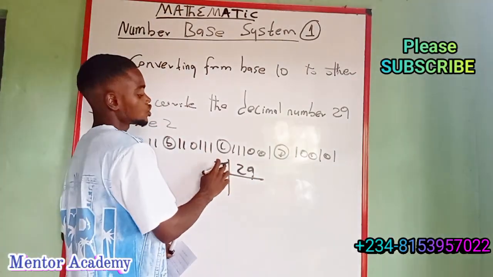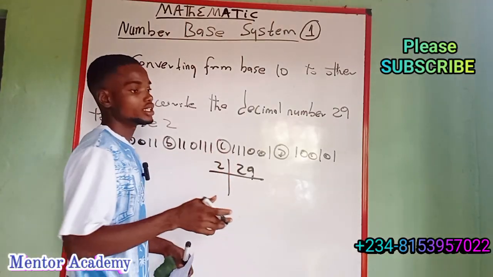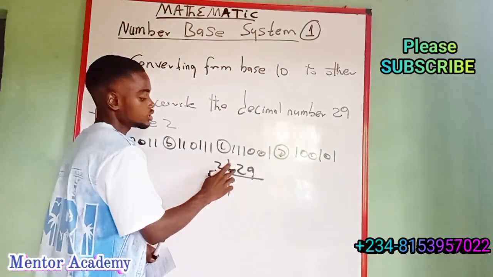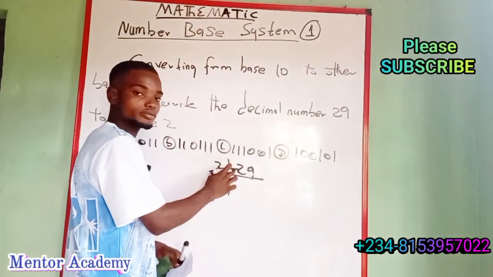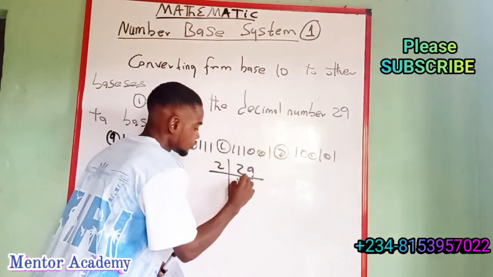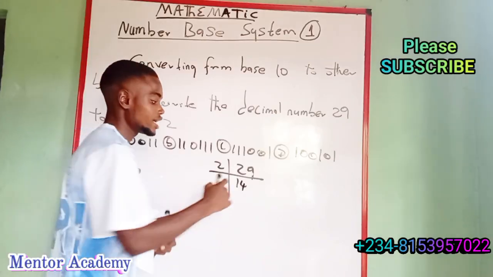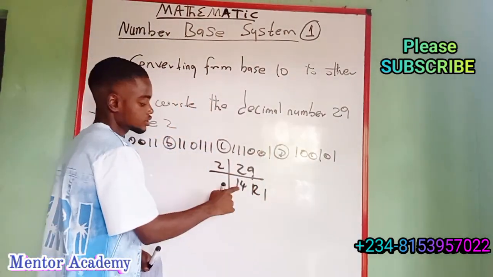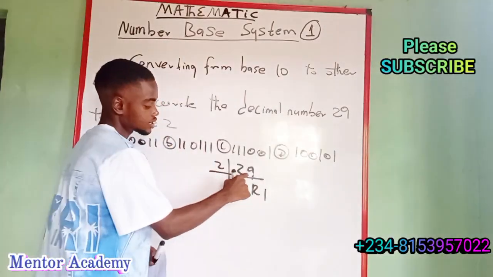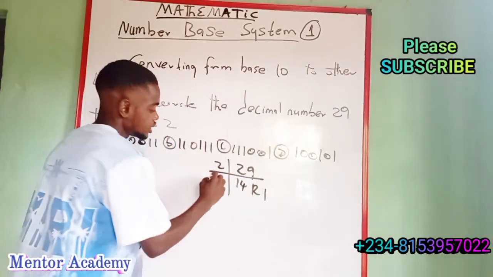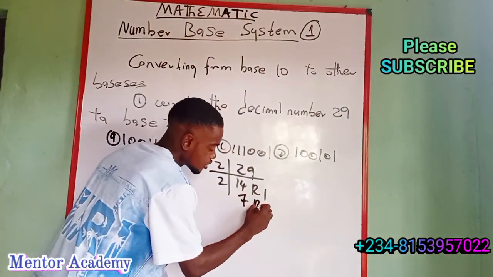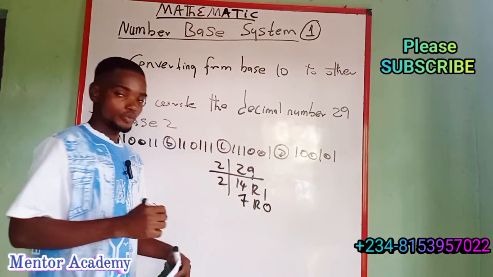So let's say 2 times 14 is going to give us 28. So there are 14 twos in 29, but it's still remaining 1, because 2 times 14 gives us 28, remainder 1. Now 14 divided by 2 is going to give us 7, remainder 0.